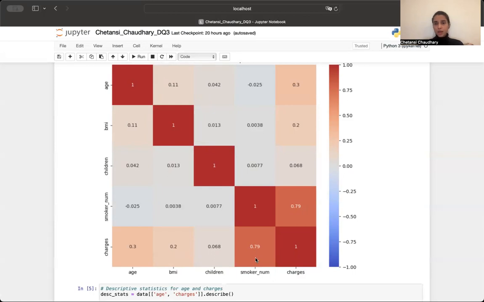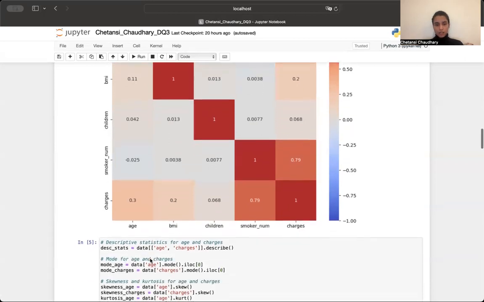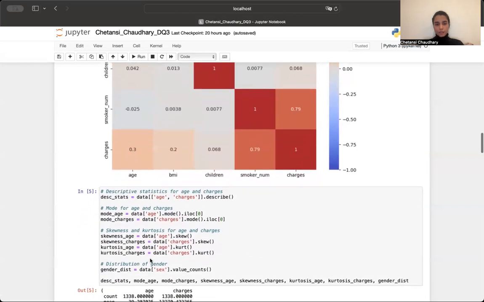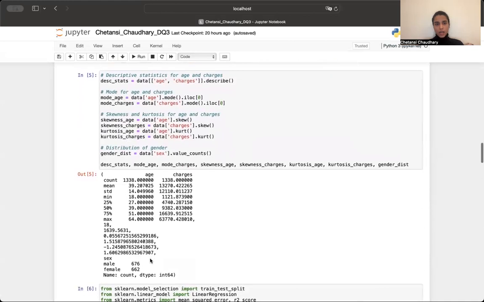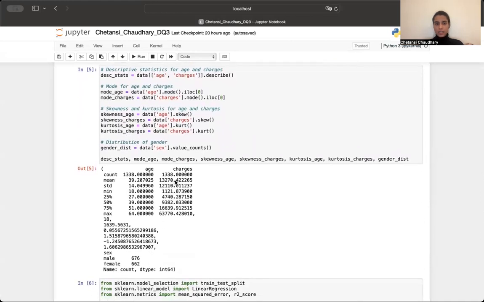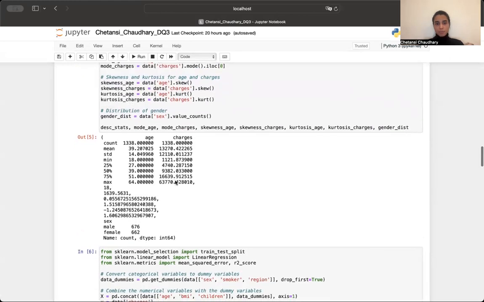But smoker_num is something that I have created from the categorical variable, so I don't want to use that. I want to stick to the variables that were numeric in their original format. So I have also calculated these two separately here, and this is the descriptive analysis, skewness, and kurtosis of age and charges.